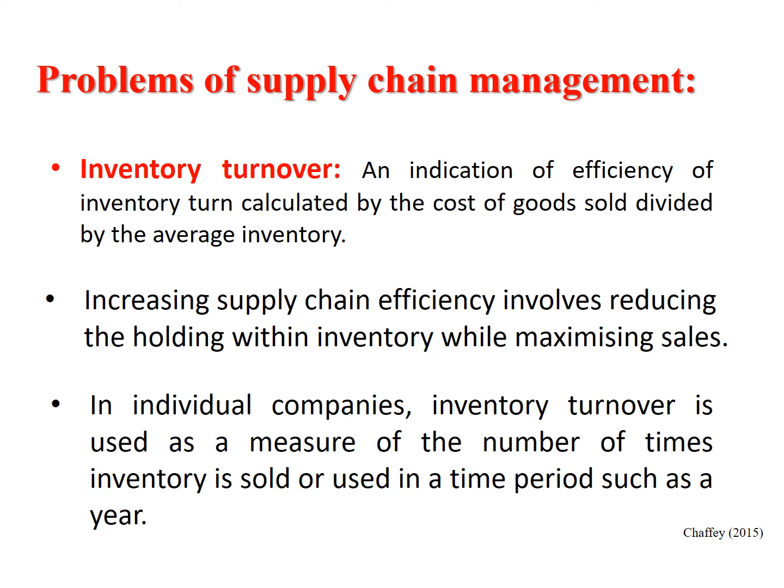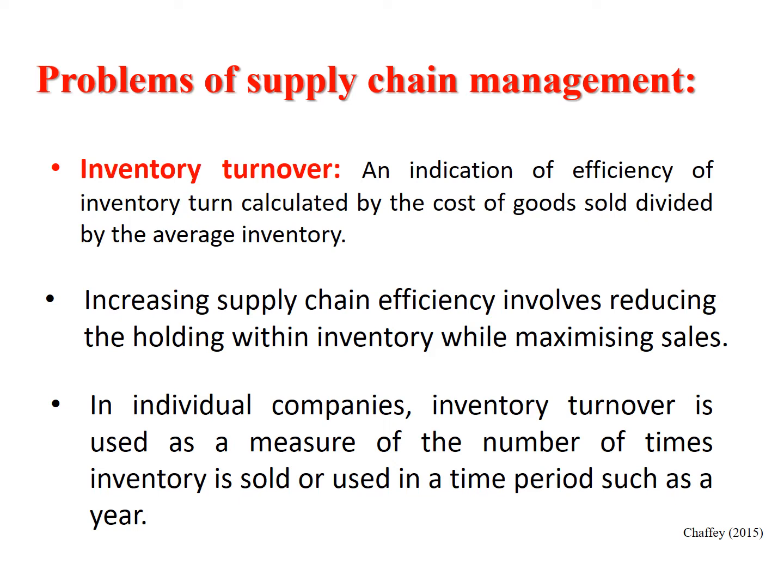So, problems with supply chain management: inventory turnover. This is an indication of efficiency, calculated by the cost of goods sold divided by the average inventory. So how quickly can we turn over the goods if we are buying them in and then stocking them?